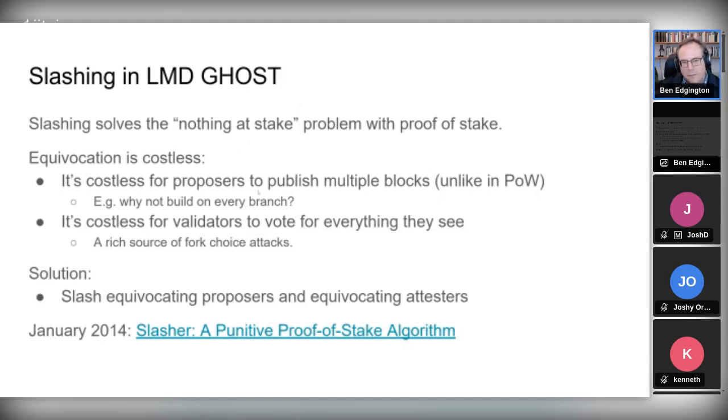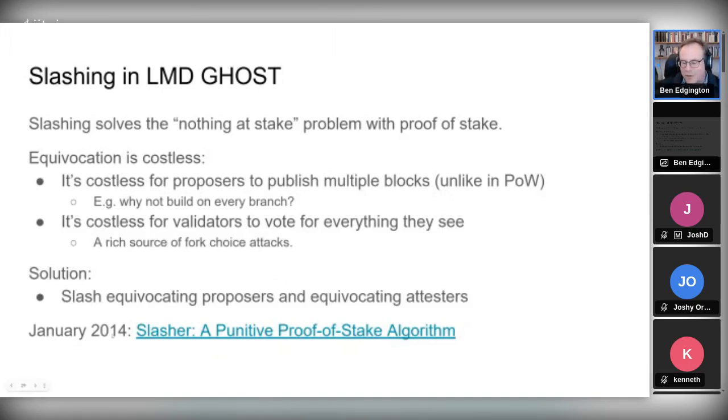It's costless for proposers to publish multiple blocks. So why not build on every head? I mean, why do I need to choose one? I can just build on them all, and I'm guaranteed to be in the canonical chain. And also it's costless for validators to vote for everything they see, which is a rich source of attacks. So the solution to this is slashing.